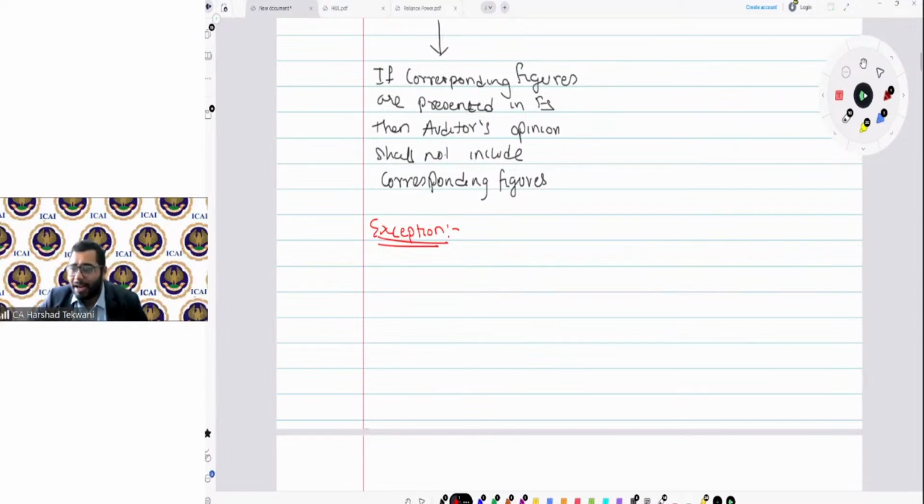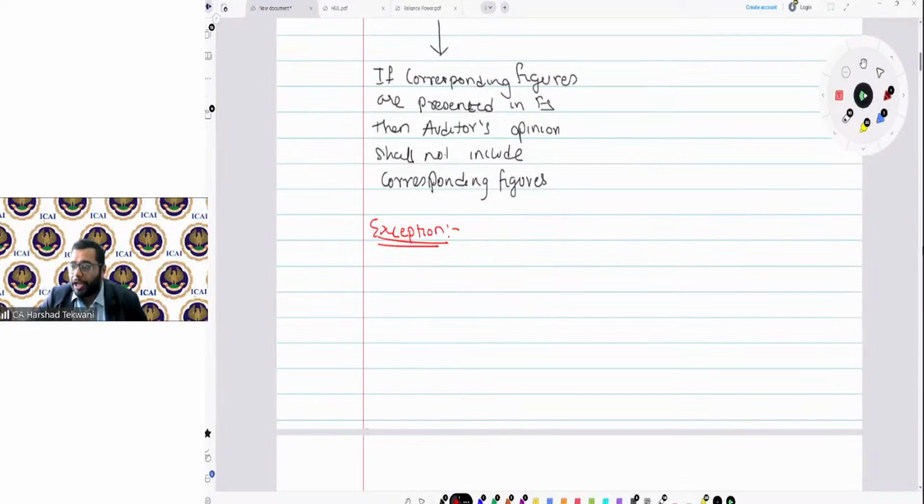It's present in my current year financial statement, but it is misstated. I'll mention that number in the description of the matter that is giving rise to the modification.